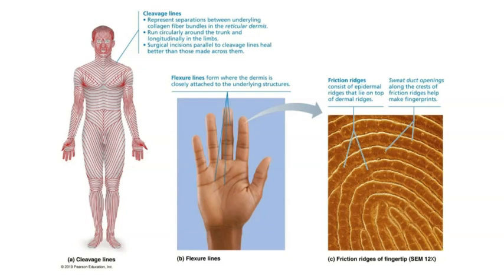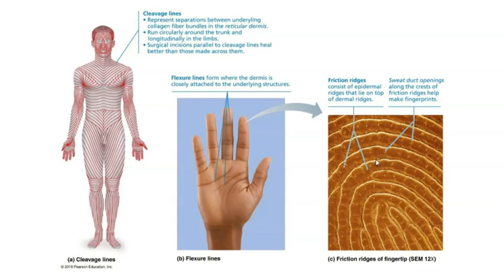In thick skin, on the other hand, such as the palms of the hand and the soles of the feet, the dermal papillae lie on top of these larger mounds that are called dermal ridges. The dermal ridges in turn cause the overlying epidermis to form epidermal ridges, because the epidermis closely follows the little hills and valleys made by the dermal ridges.